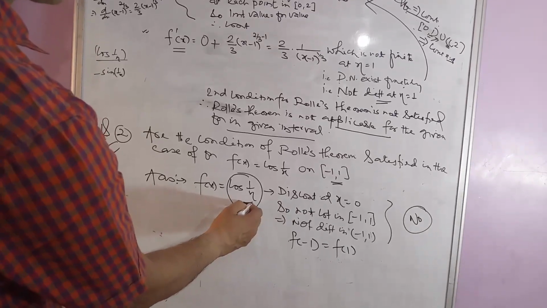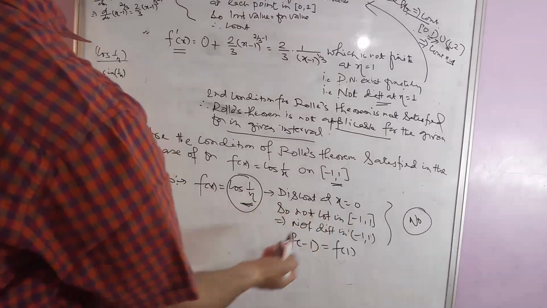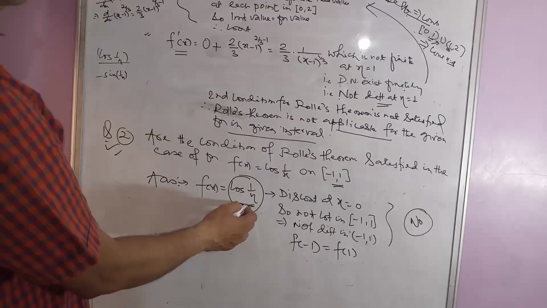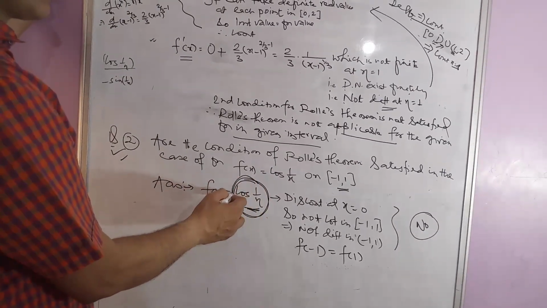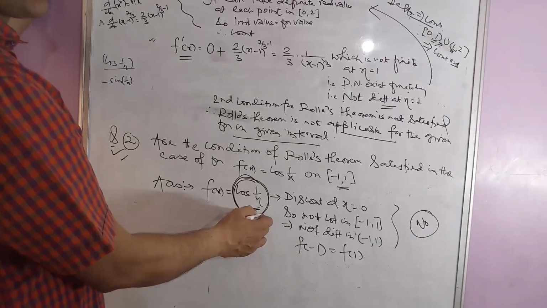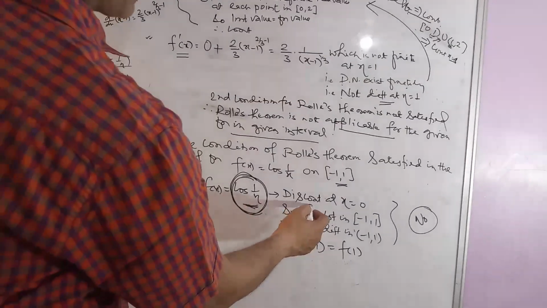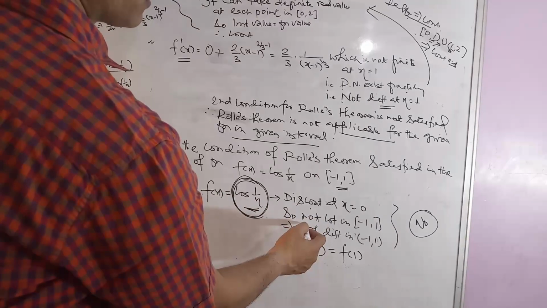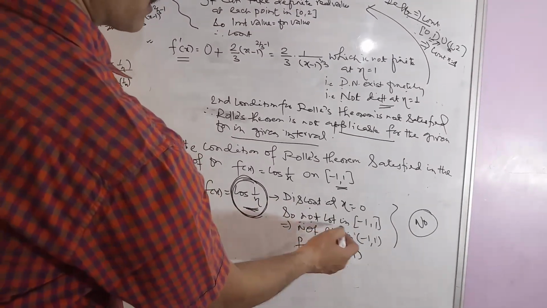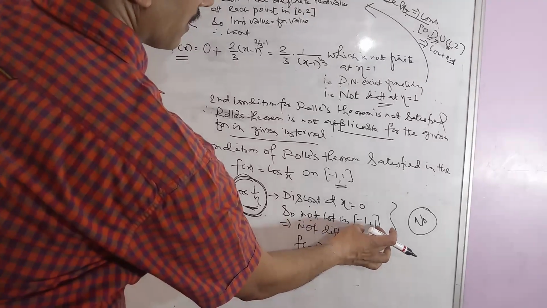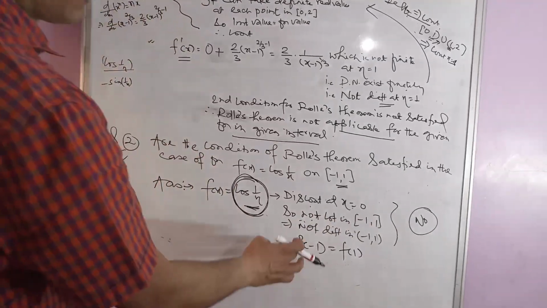Clearly, this function is discontinuous at x equal to 0. Oscillating type discontinuity means this function oscillates between two finite numbers, minus 1 to 1. Not continuous at x equal to 0 implies not continuous in the closed interval minus 1 to 1.